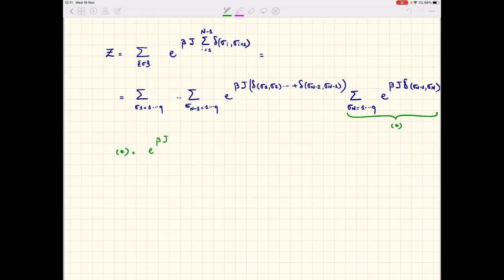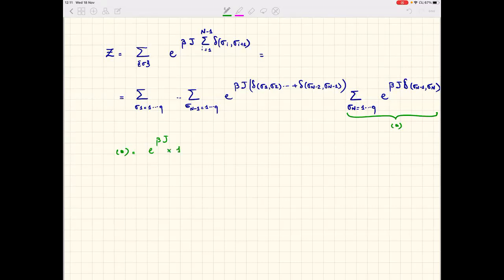How many ways do we have to have the same value? One, right? Because sigma n minus 1 is given. Sigma n minus 1 is only one something. So there is only one way.